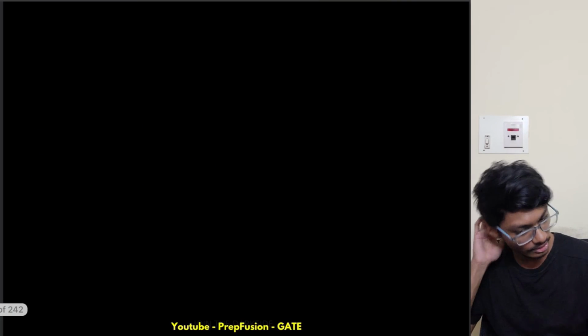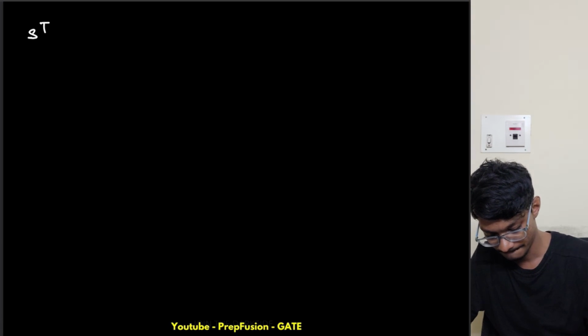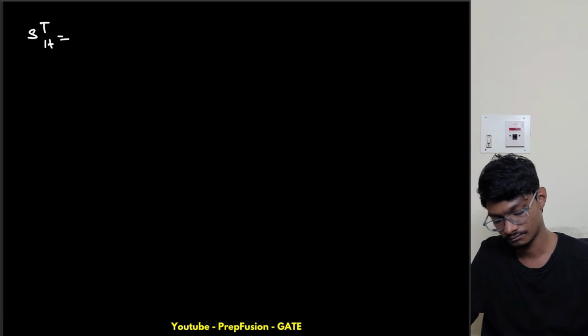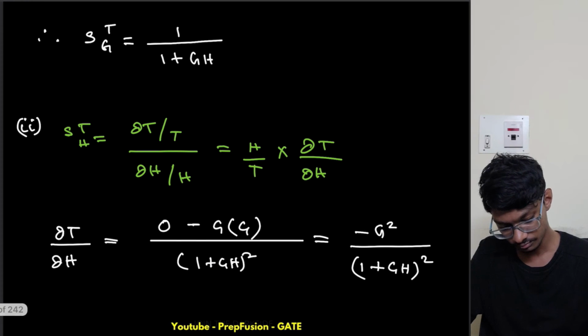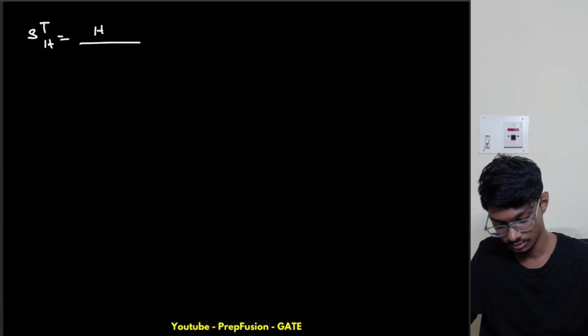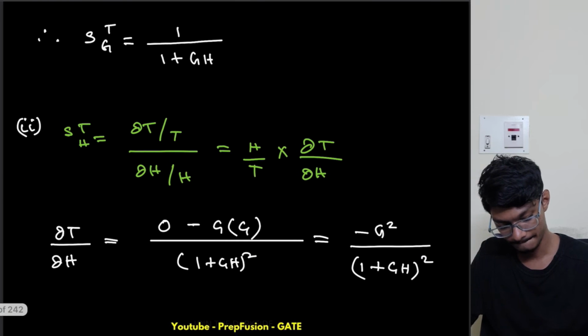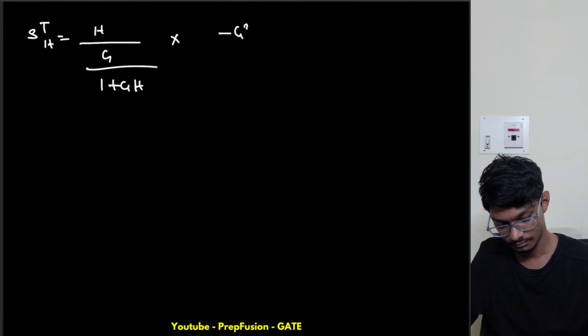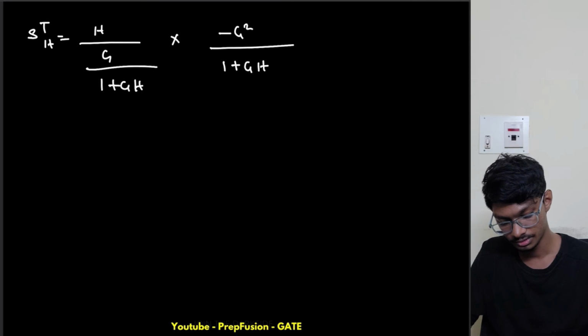Now let me write the expression. This is minus of g square, and this is h upon t, so h is this and t is g upon 1 plus gh.